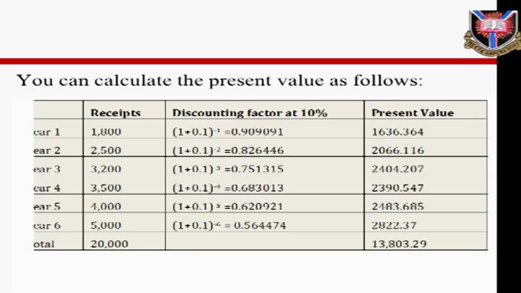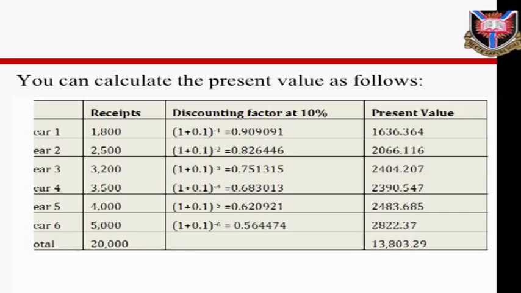Year 2, receipt 2,500. Discounting factor 10%: 1 plus 0.1 all in bracket to power 2 equals 0.826446. Present value 2,066.116. Year 3, 3,200 as receipt.